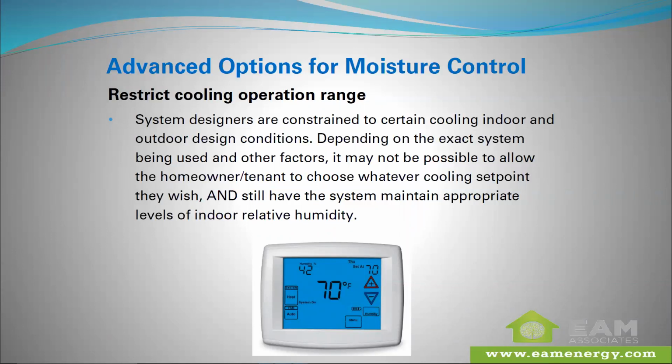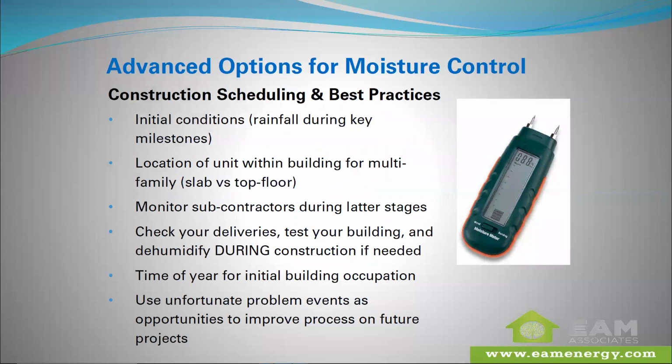So you can't have the designer constrained rigidly on the one end, and then the occupant in a free-for-all as far as operation goes, and not expect to have some problems sometimes.